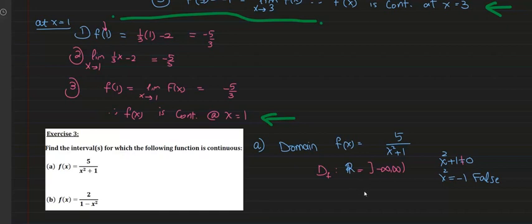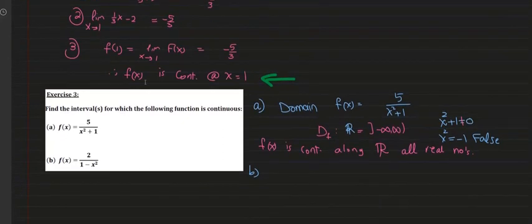So here we don't have any restrictions, so we will say that f of x is continuous along or through R, through all real numbers, which we can denote by capital R. Just capital R, you don't have to add that bar even. All real numbers.